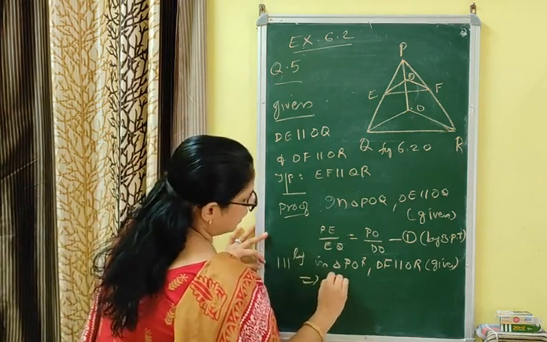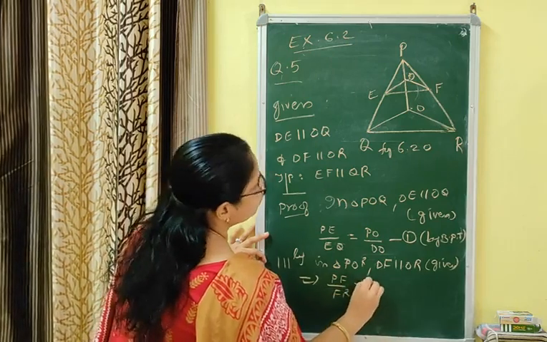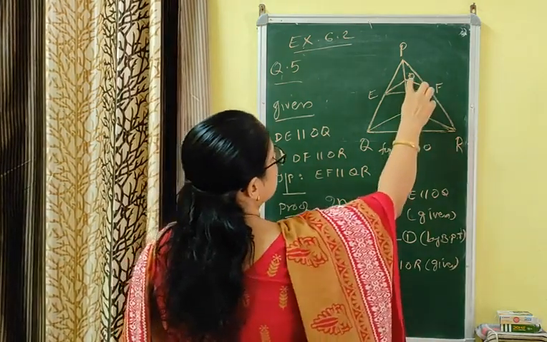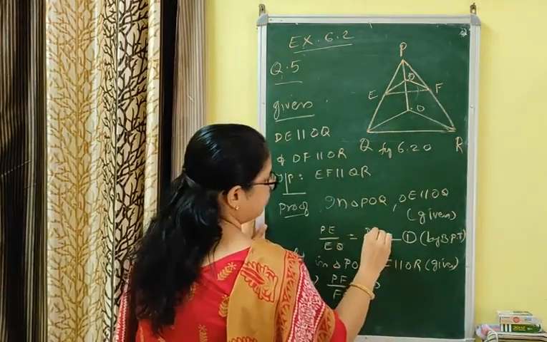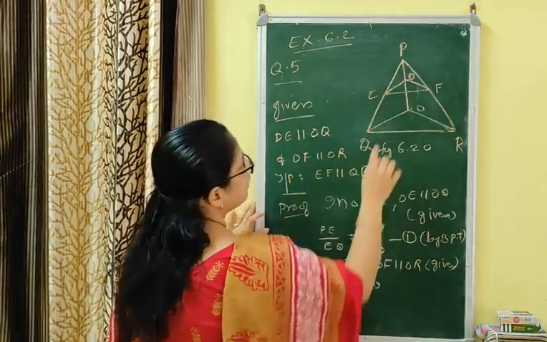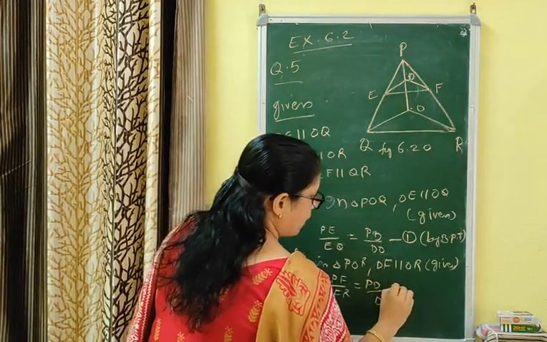So you can write PF by FR is equal to PD by DO. Again, PF by FR is equal to PD by DO by applying BPT.